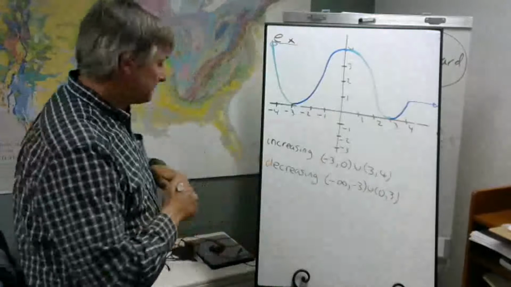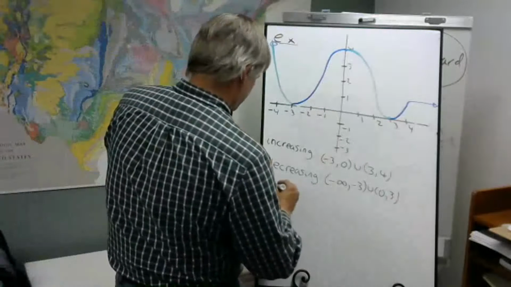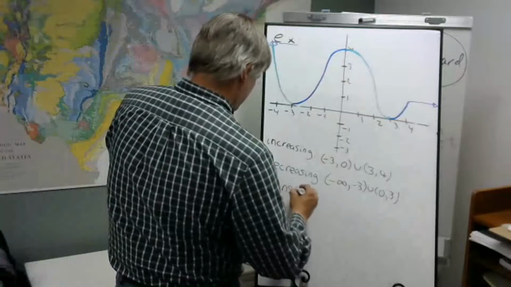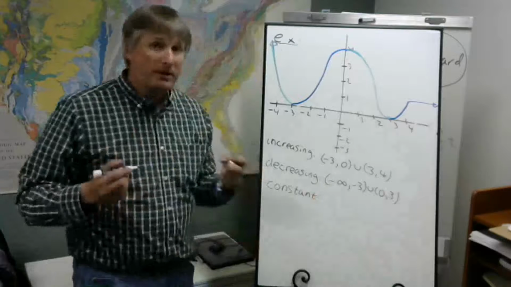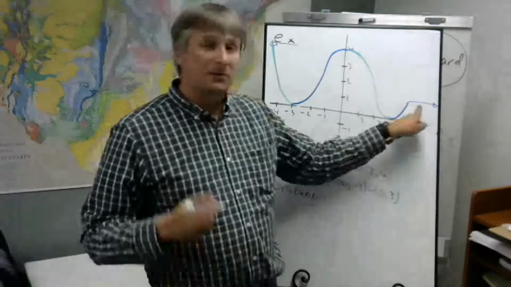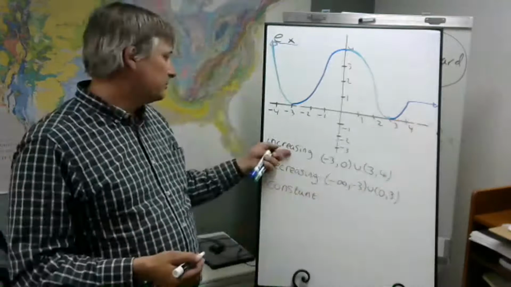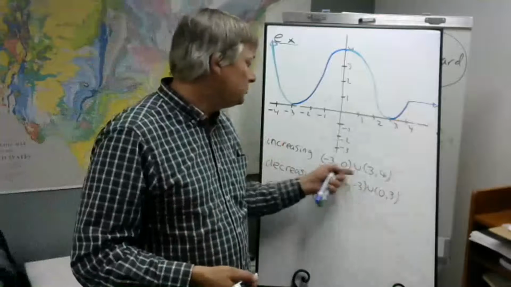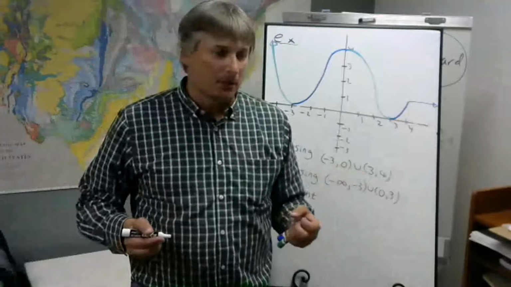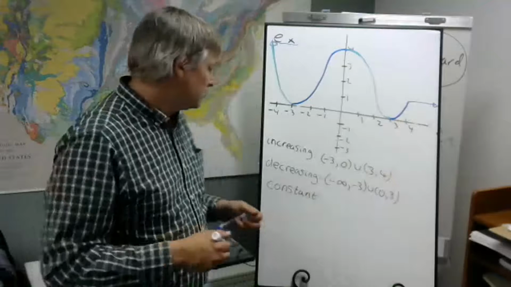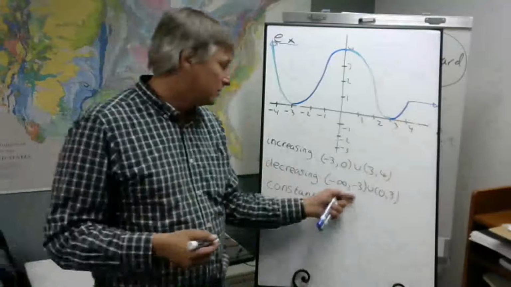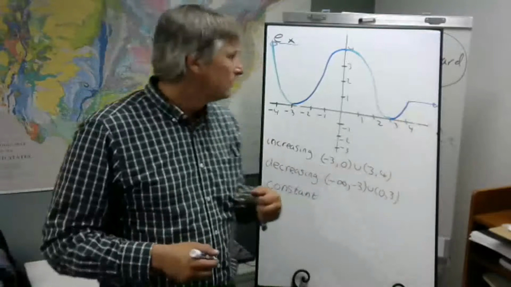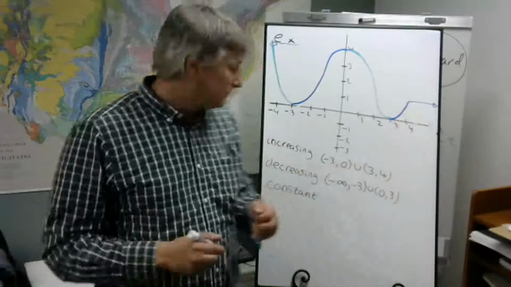Now what about constant? Well, again, we're looking for an open interval where this is constant. For increasing, we were looking for an open interval or union of open intervals where this function is increasing. For decreasing, we're looking for an open interval or union of open intervals where the function's decreasing.